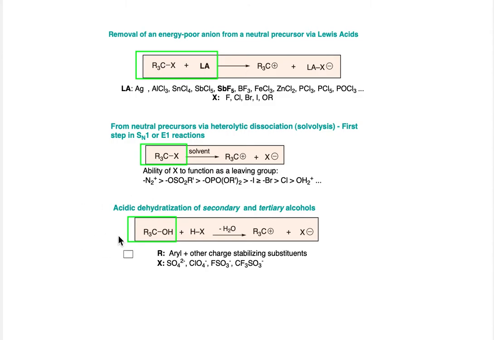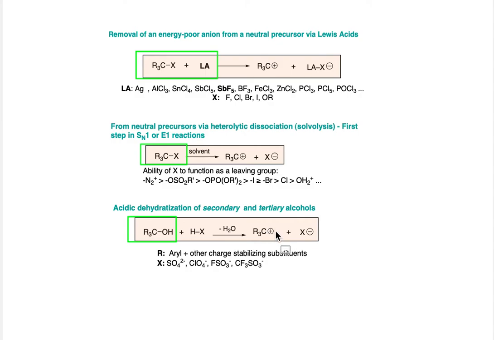The substrate scope can also be extended to some secondary or tertiary alcohols by using halogen acid as a reagent to produce stable carbocation. Here, the R groups can be aryl or other charge stabilizing substituents. As you know, in the end this alcohol leads to the formation of carbocation.